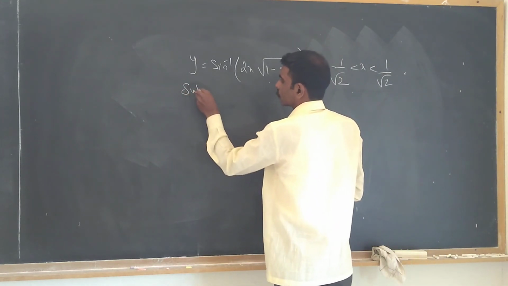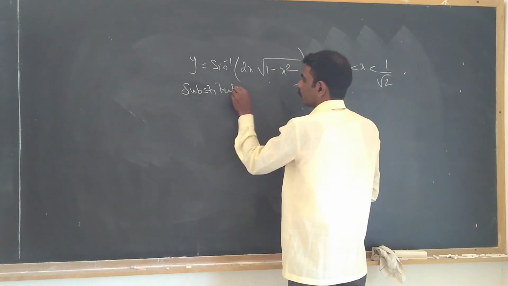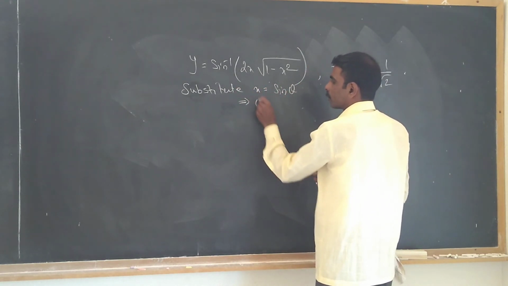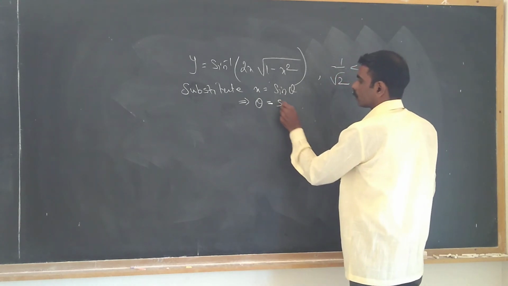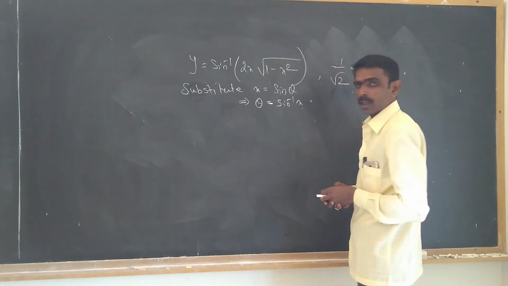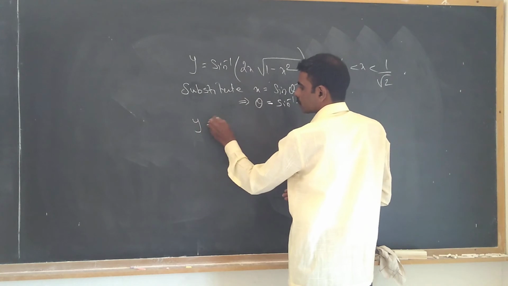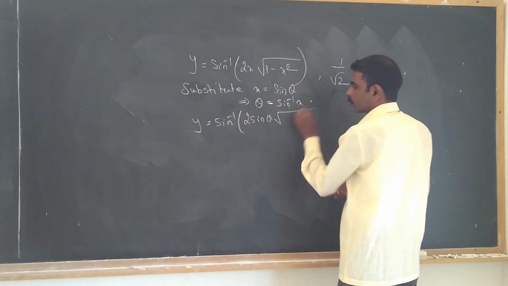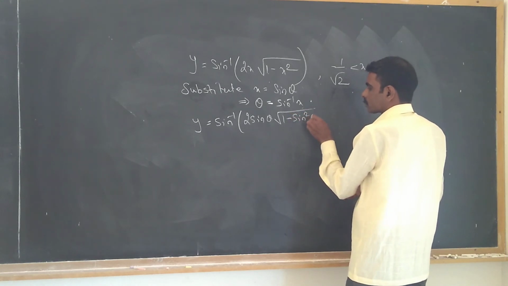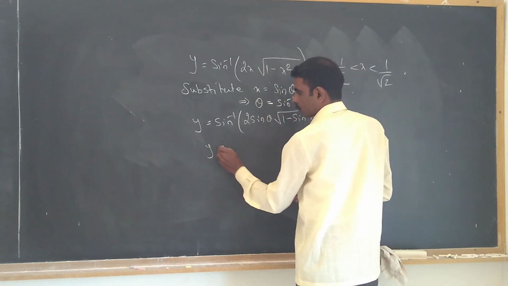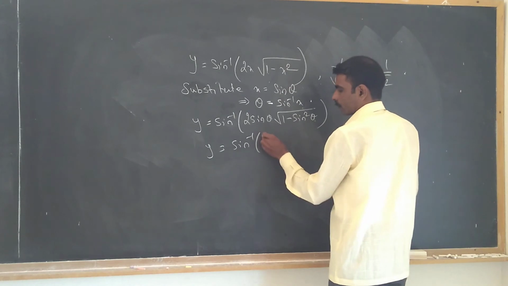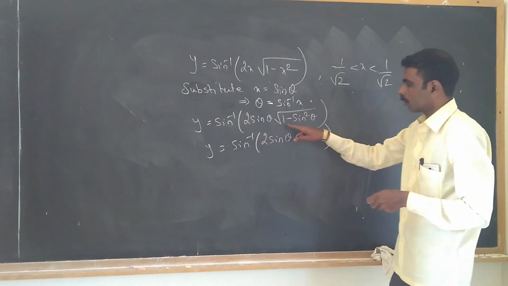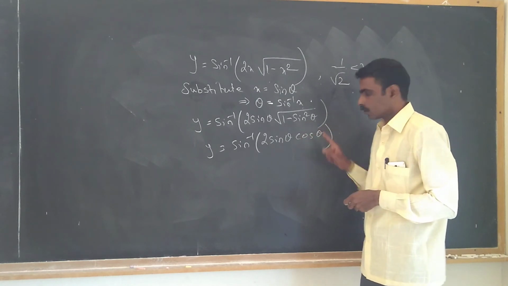So substitute x equals sin theta. This implies theta will be equal to sin inverse of x. So here y is equal to sin inverse of 2 sin theta into root of 1 minus sin square theta. So y is equal to sin inverse of 2 sin theta into cos theta, because root of 1 minus sin square theta is cos theta.